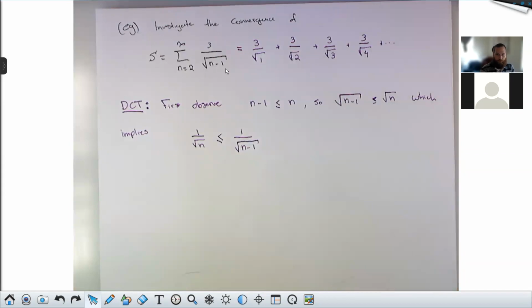Right? This is absolutely true because root n is larger than root n minus 1. 1 over root n is smaller than 1 over root n minus 1. This sort of inequality work is the main skill that we're going to be practicing here.